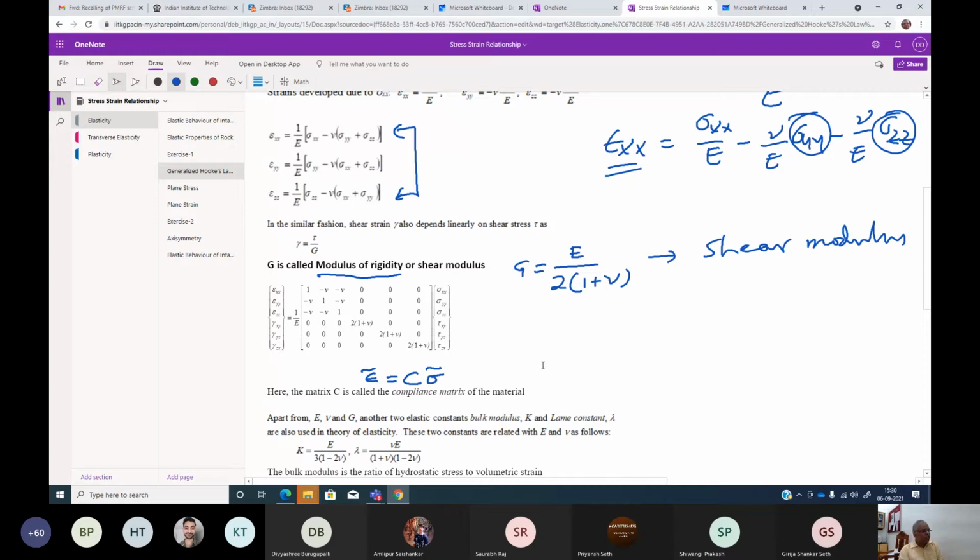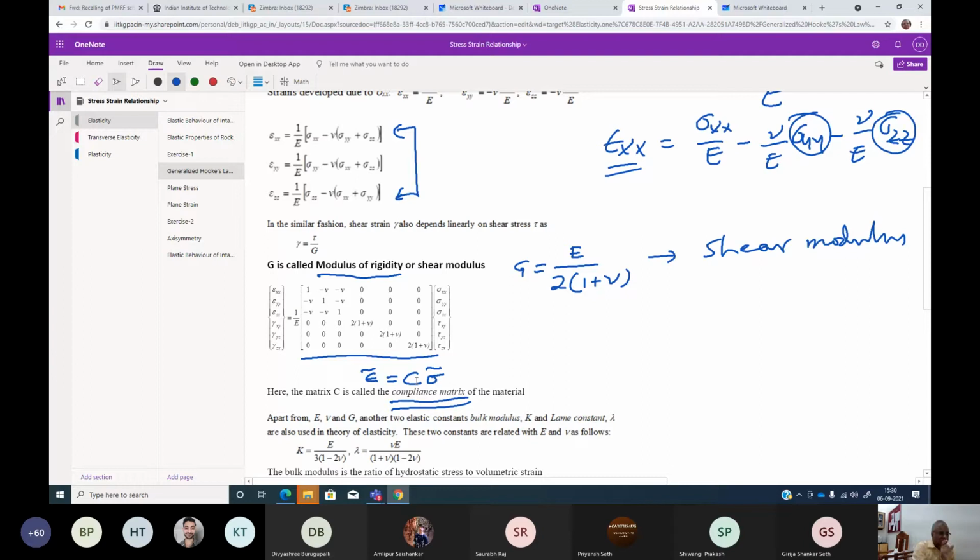So this is becoming generalized Hooke's law, and this matrix is called the compliance matrix, which relates strain and stress. So these are strain tensors and stress tensors. If you are looking at the tensor form, it's a fourth order tensor, we call it. But I'm not going in that direction. So there is a relationship between strain and stress in 3 dimensions in elasticity.